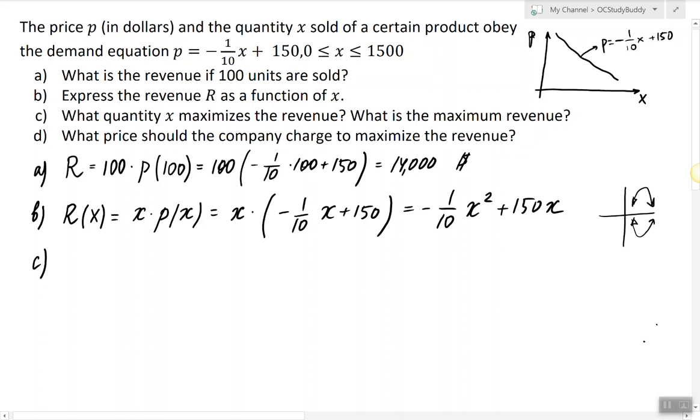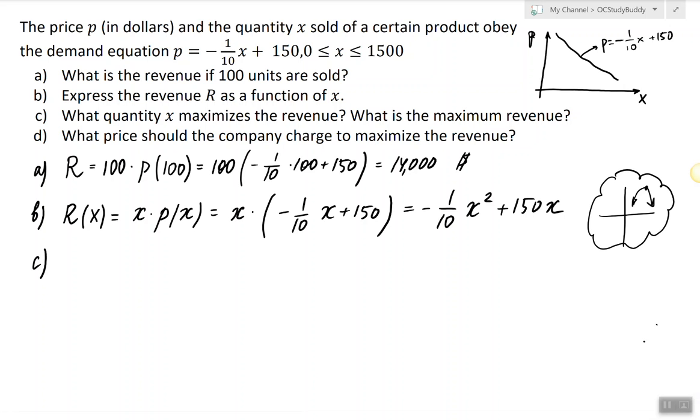In this case, the leading coefficient is negative, so our function opens down. As an upside down parabola, this function has a maximum. So we interpret the question in part C as a question about finding the vertex of this parabola.